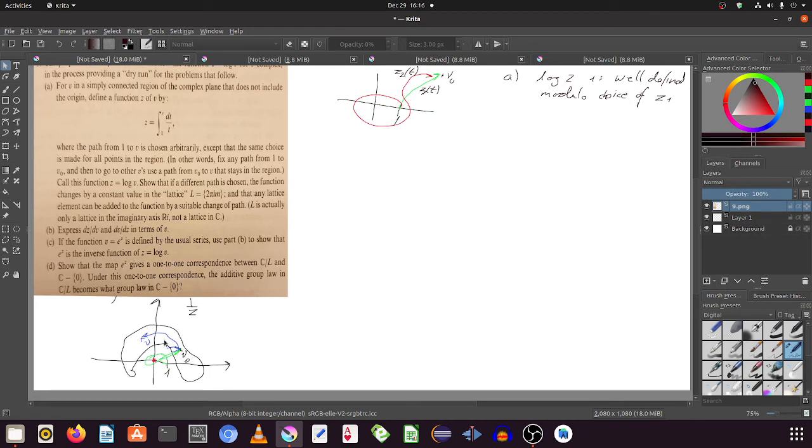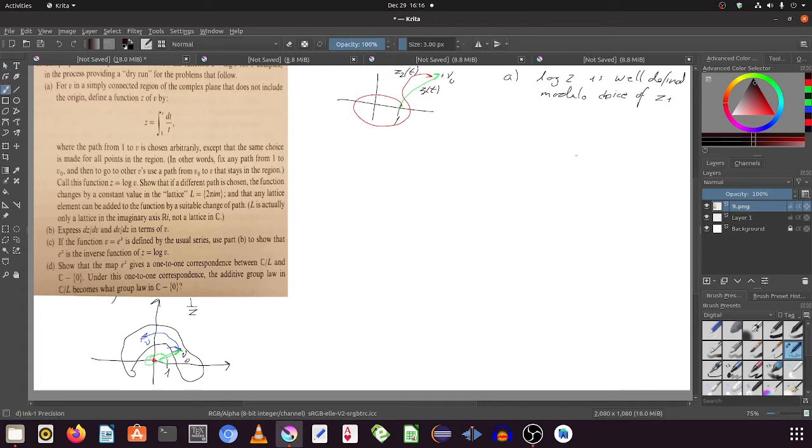So any two paths to v can be, it's a standard argument, but I'm not really sure how to put it succinctly.